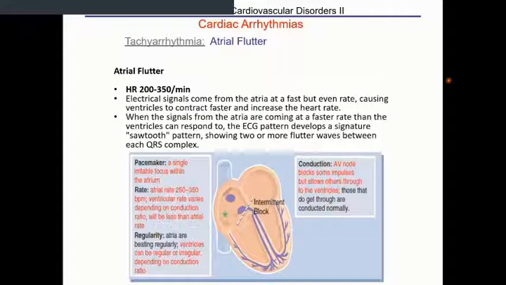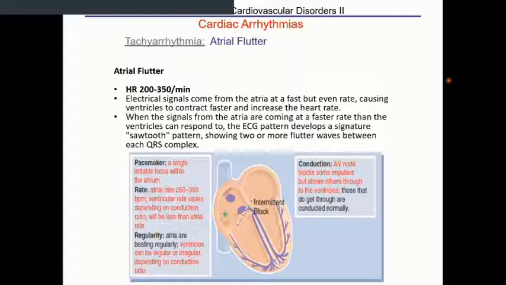So the clinical significance of atrial flutter is generally due to its association with atrial fibrillation and all the attendant risk of atrial fibrillation, or its association with rapid rates of ventricular response.